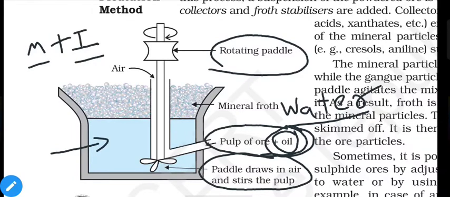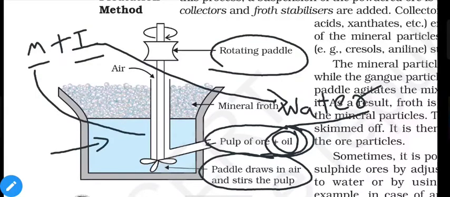Now impurities are generally earthly impurities, that means sand particles, and generally these sand particles are wet by water, and metal sulfides do not feel attraction towards water, but they feel attraction towards oil. So metal sulfides will be wet by oil. Oil particles feel attraction towards the air bubbles which are being pumped into the solution.